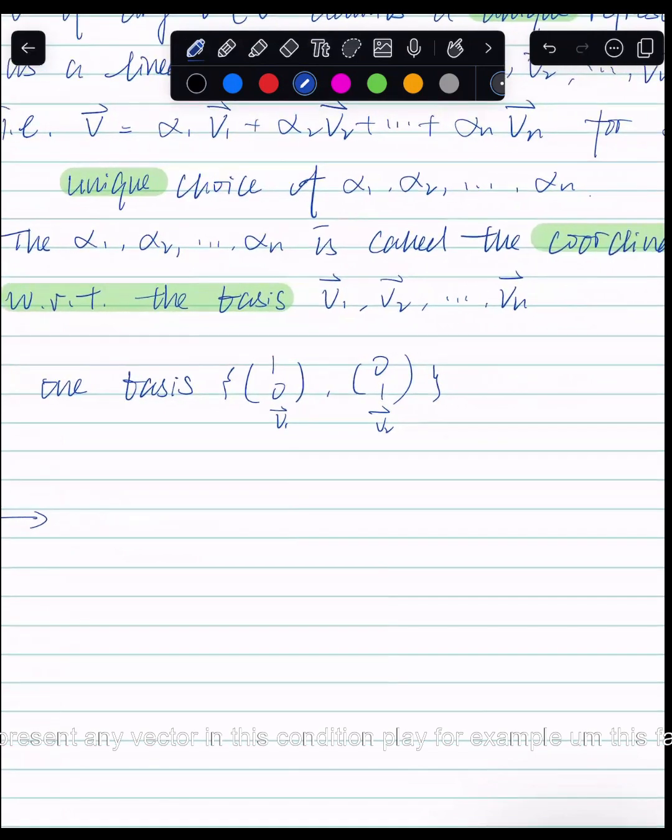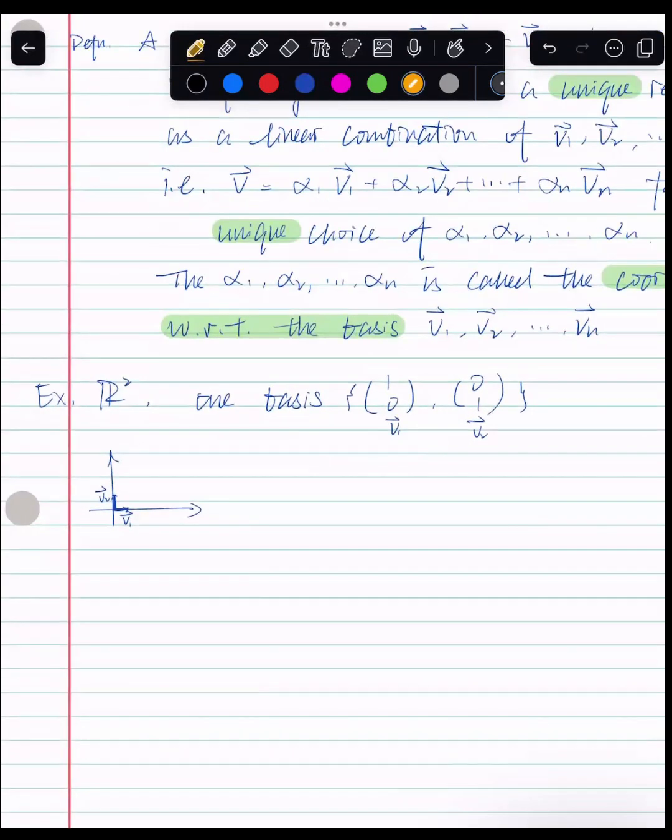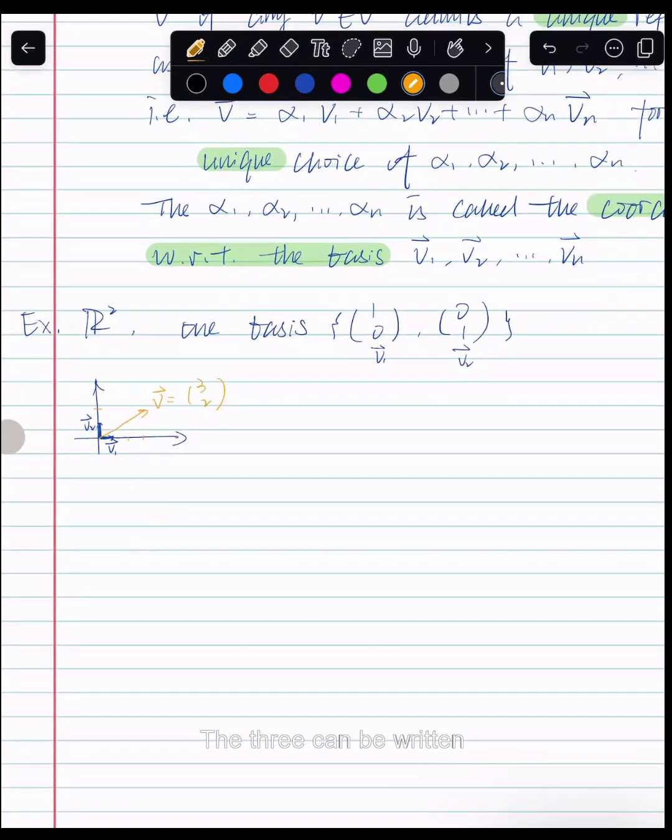All right, so to represent any vector in this Cartesian plane, for example, this vector right here, we call it v, and it's 1 1. Sure, we can do a 1 1, but since I'm drawing way over here, let's say this is 3 2. We know it's 3 2, and we know the basis.